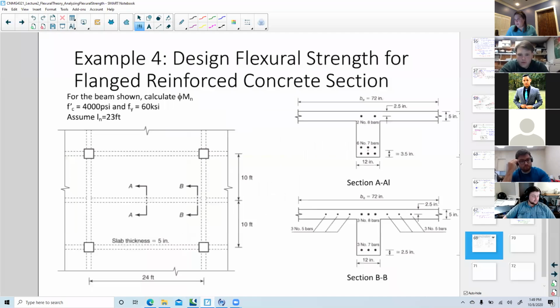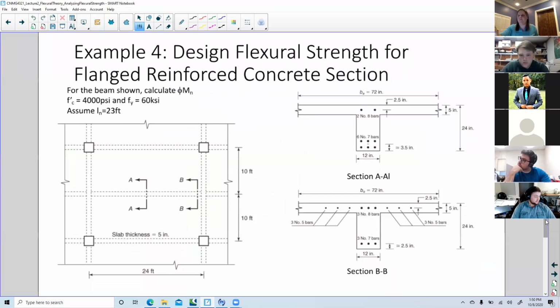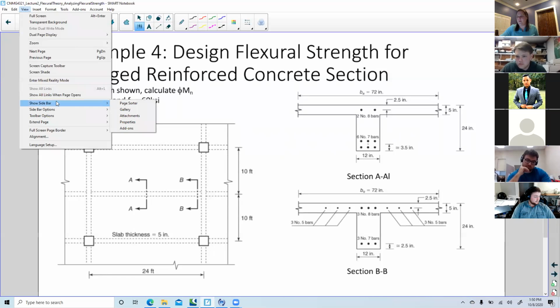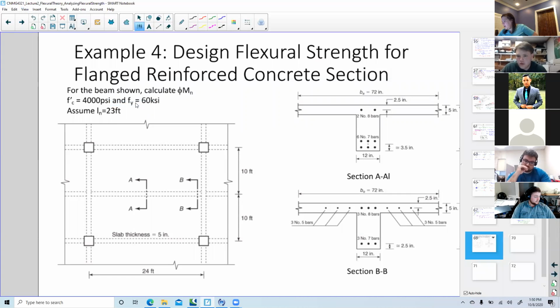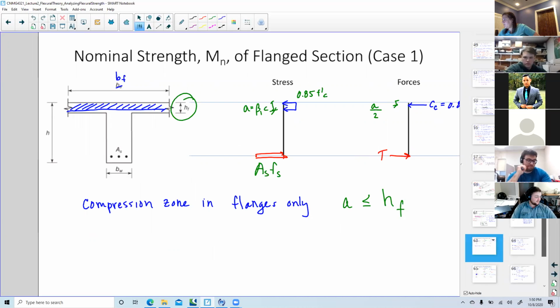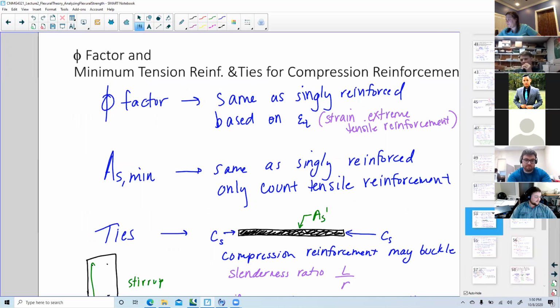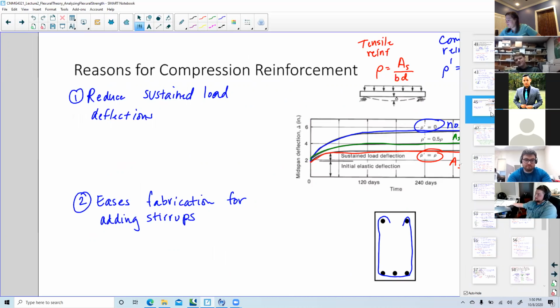We're going to do an example on a T section, but I want to make sure and talk about compression steel.